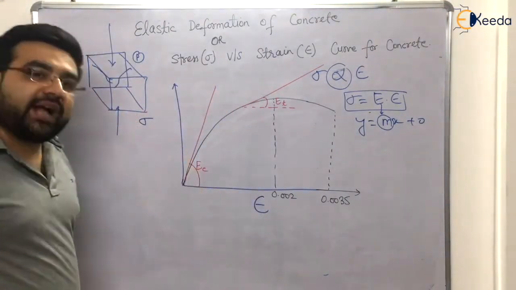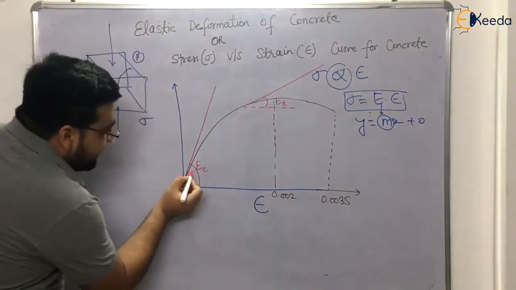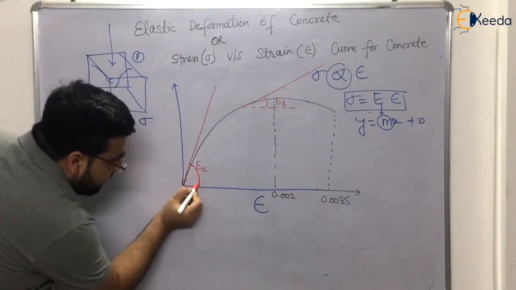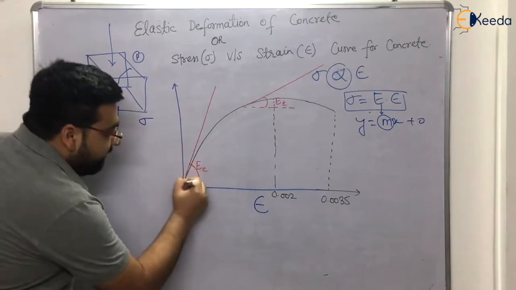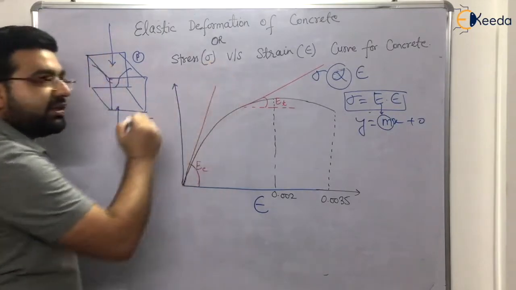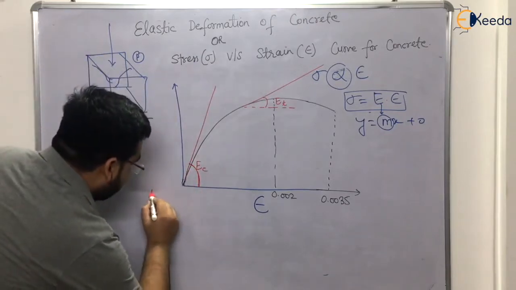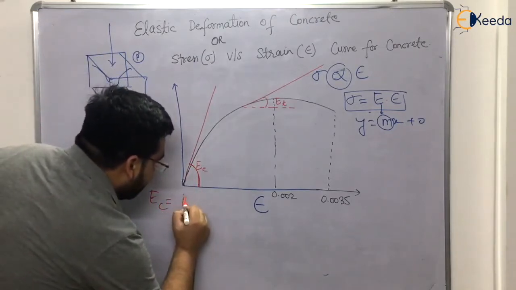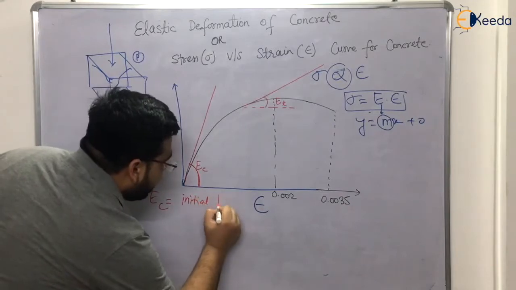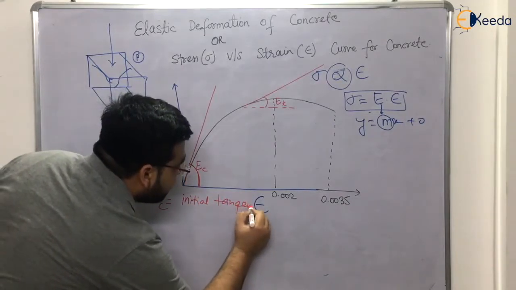But before going to that point, if I draw a tangent initially to this curve for the initial slope, this is known as the initial tangent, and it gives the initial tangent modulus.